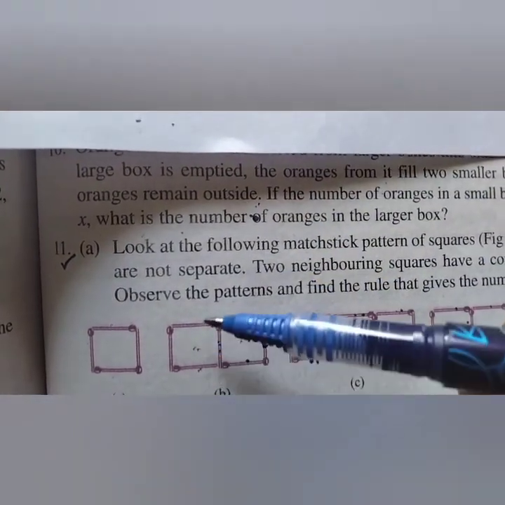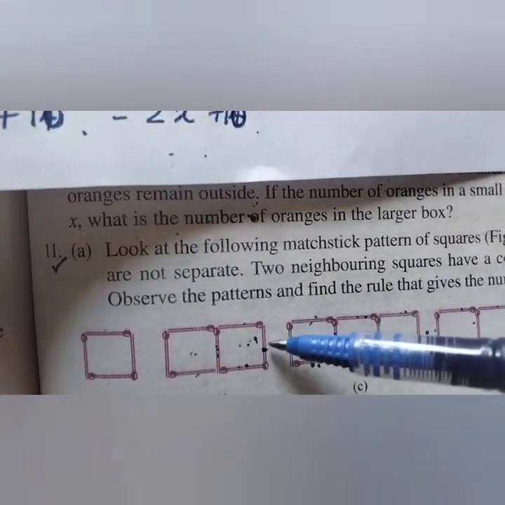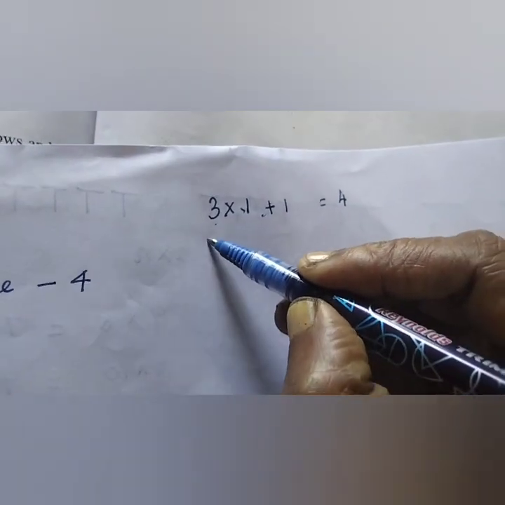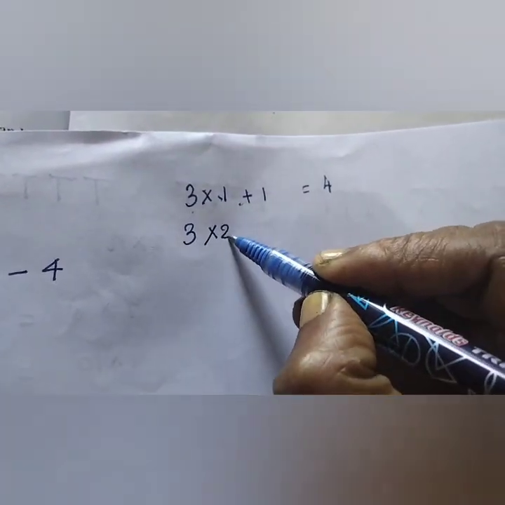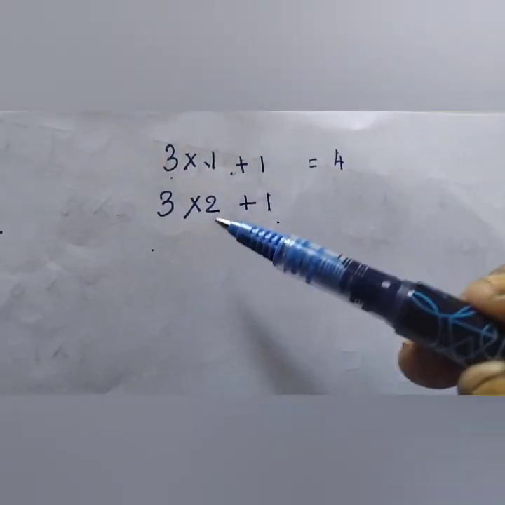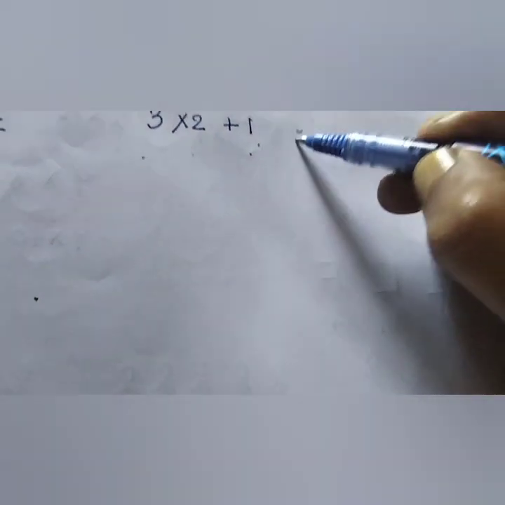For the second picture, 3 sticks are repeated twice, plus 1. So 3 into 2 plus 1. Totally 7 sticks are there. We can write 3 into 2 plus 1 as 7.